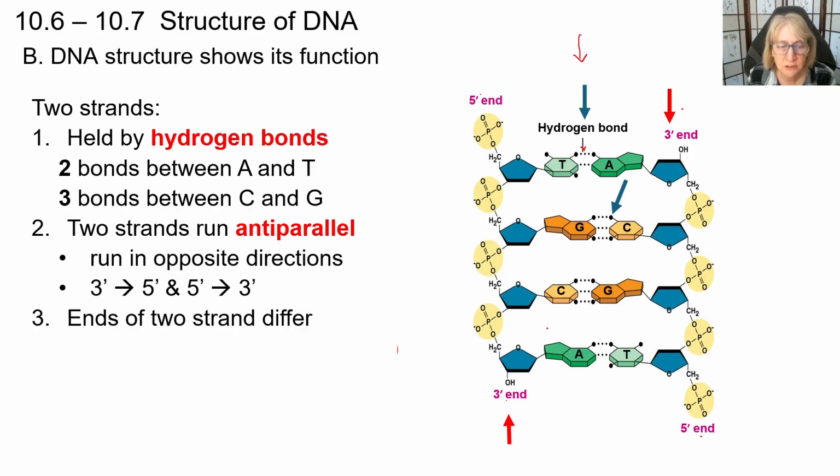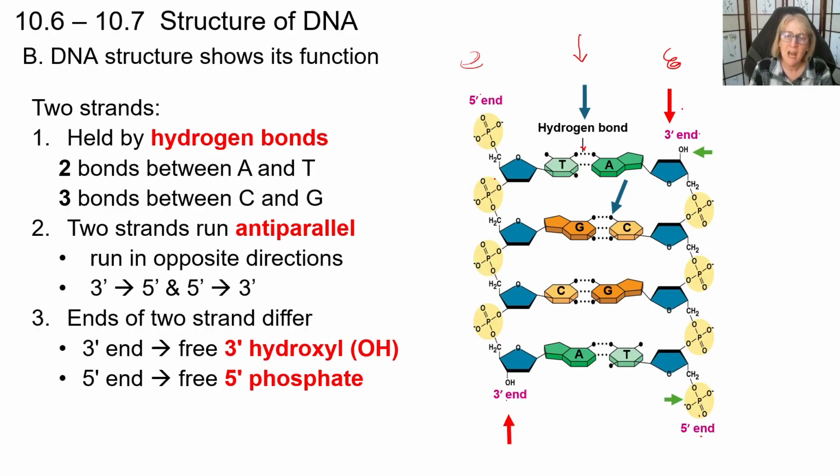The 2 strands are running anti-parallel. They're parallel, but running in opposite directions. One is running 3 to 5, and one is running 5 to 3. So if you look, this side and this side are upside down versions of each other.